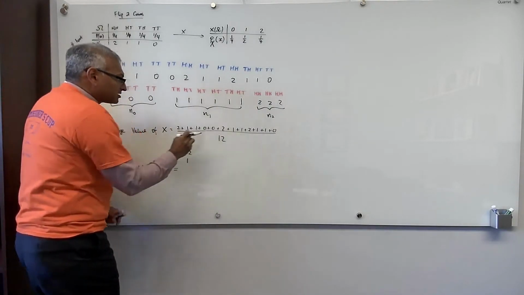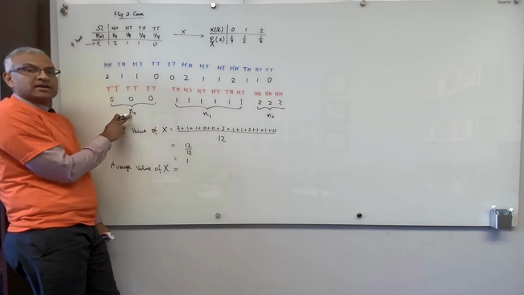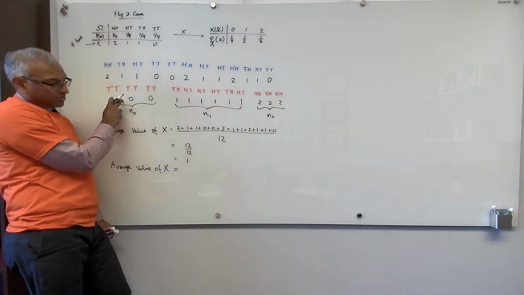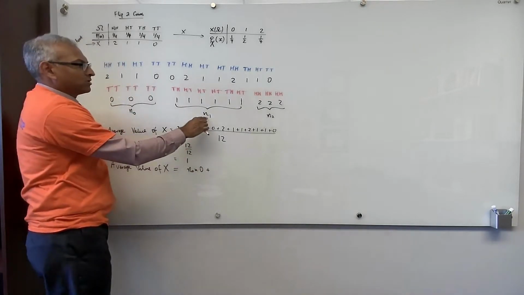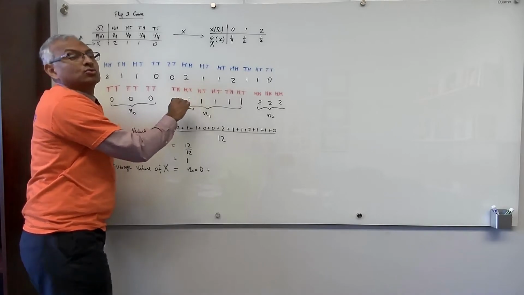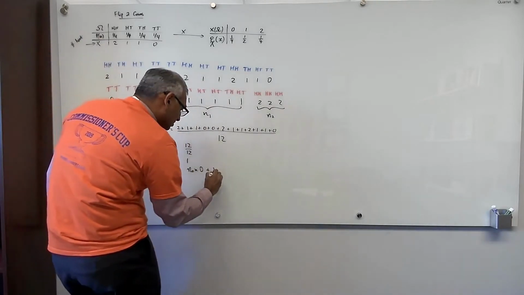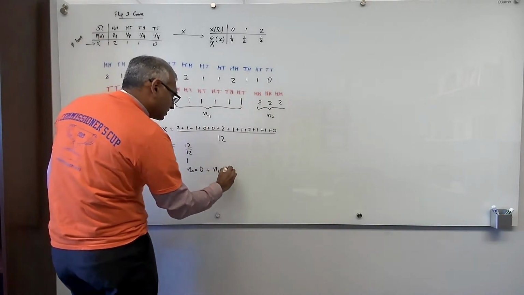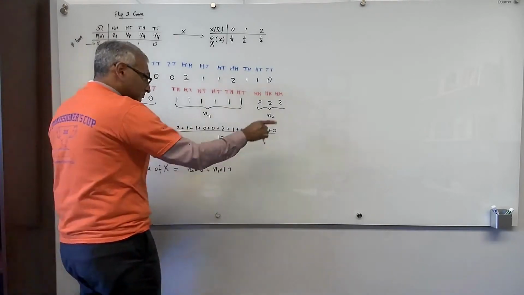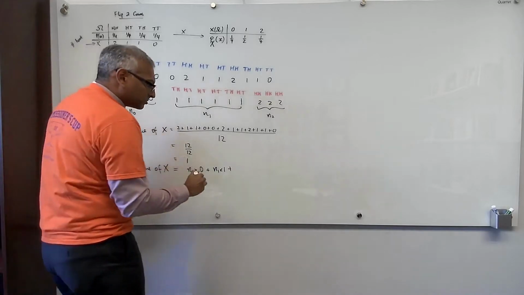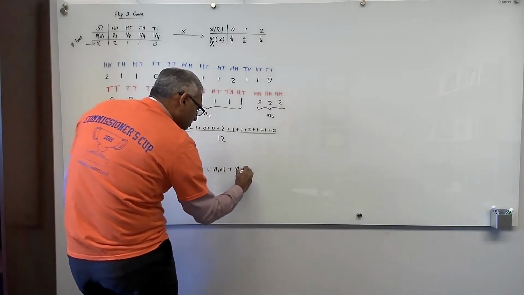If I'm computing the sum, I can take the number of them that are 0 and multiply by 0, so I get n0 times 0, plus the number of them that are 1 multiplied by the value 1, n1 times 1, plus the number of them that are 2 multiplied by the value 2, n2 times 2.